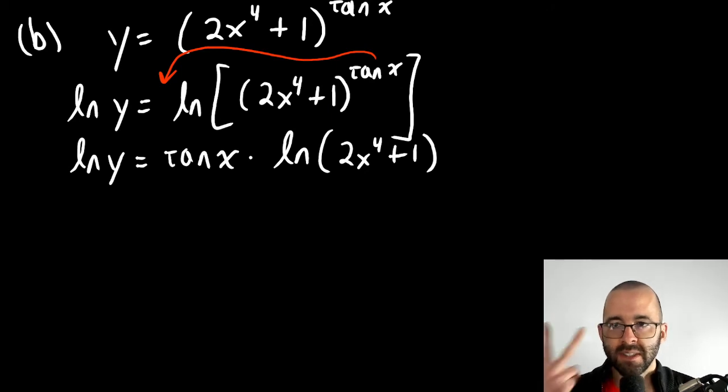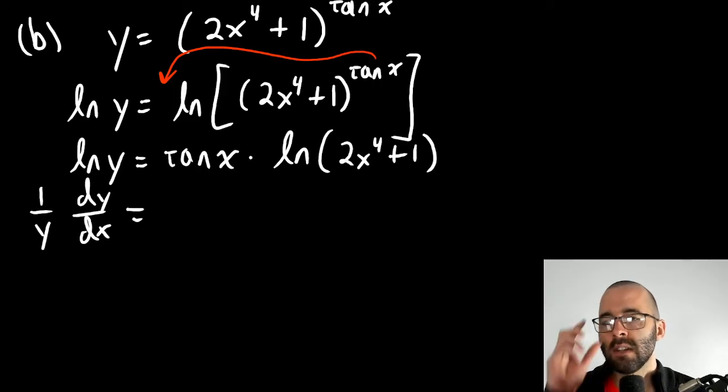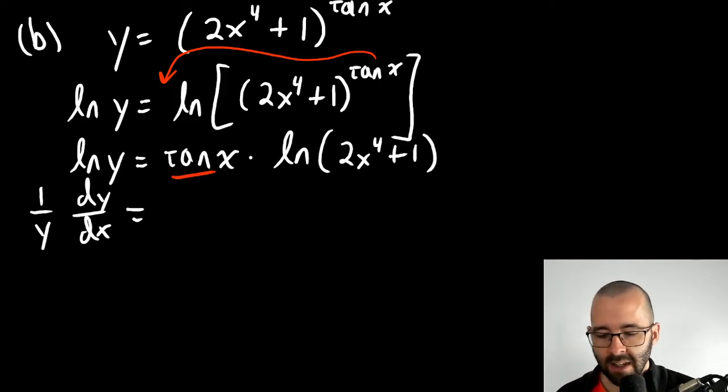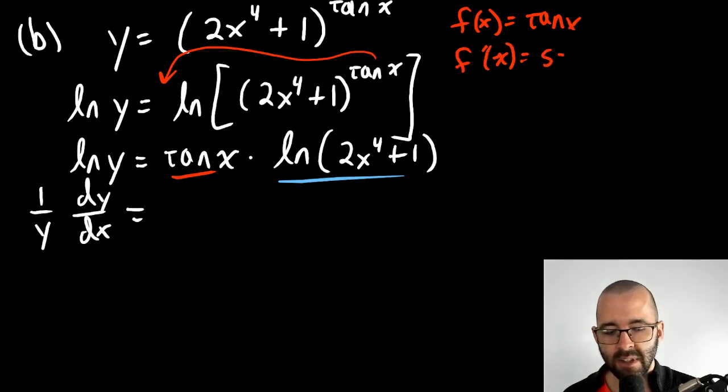Step 2, use implicit differentiation to take d/dx of both sides. Derivative of the left-hand side is the reciprocal, and then use the chain rule to get dy/dx. Derivative of the right-hand side, again, is going to require the product rule, where the first thing is tangent. The derivative of that first thing is secant squared of x.